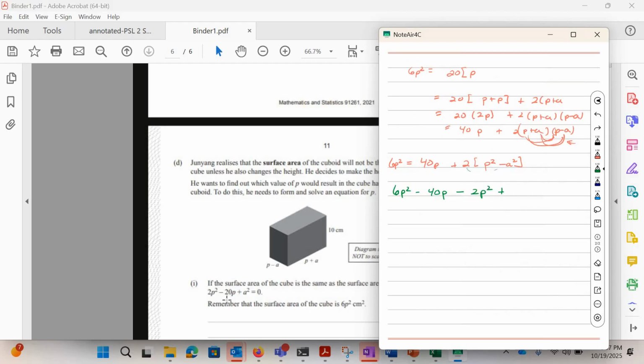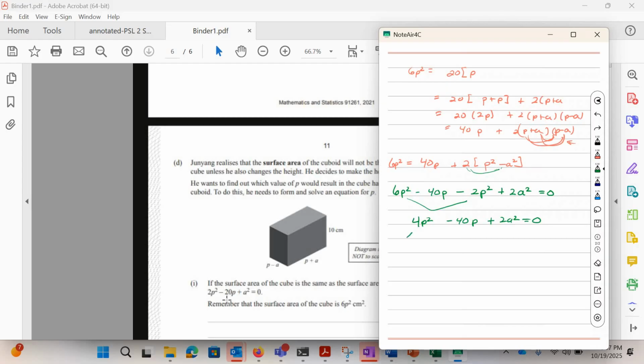And this is a plus right here, negative. So when I add it over, I'm going to get a 2a squared and set that puppy equal to 0. Now, after I have this, I see that I get a 4p squared if I combine these two like terms. So I get 4p squared minus 40p plus 2a squared is equal to 0. And now I'm going to divide everything through by 2.